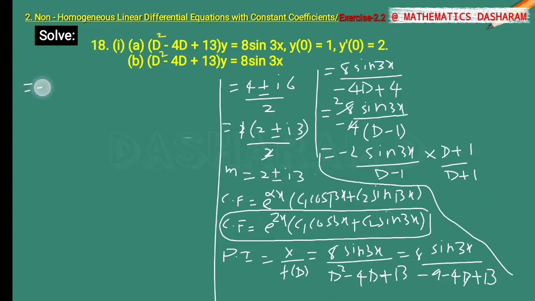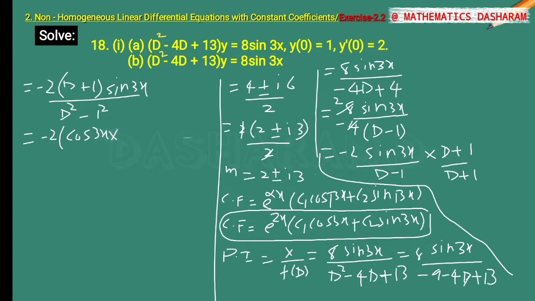So it is equal to minus 2 into d plus 1 into sin 3x by d square minus 1 square, minus 2 into d into sin 3x, 1 into sin 3x. D means derivative. So the derivative of sin 3x is cos 3x into 3, plus 1 into sin 3x by d square.